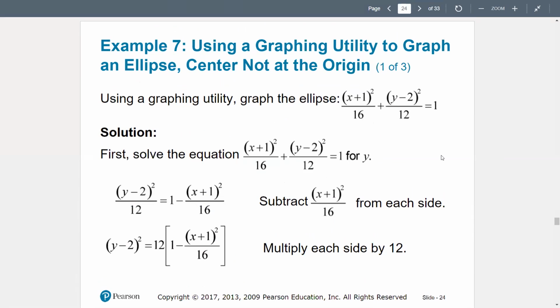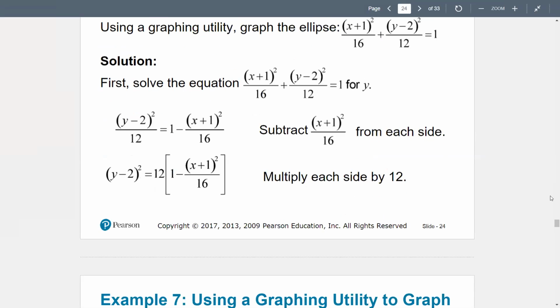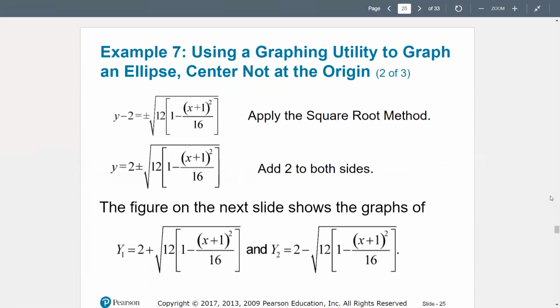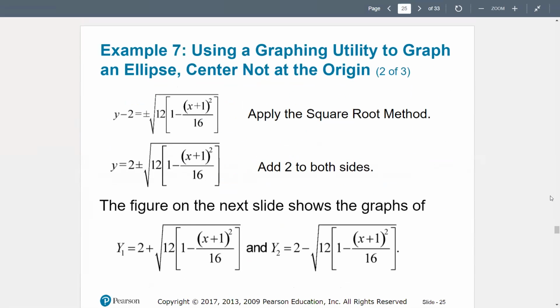What do you think your next step is going to be? You've gotten to the point where (y - 2) quantity squared is equal to the right-hand side. So what should we do? We take the square root of both sides. Mm-hmm. And then you're going to bring over the 2.